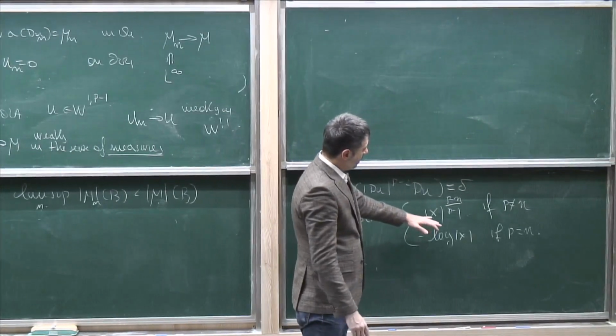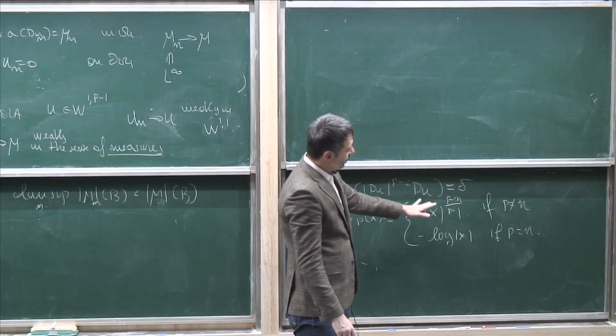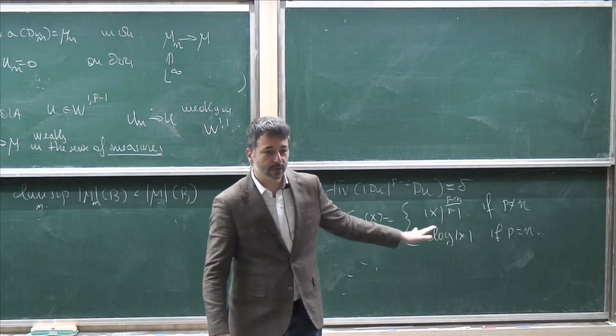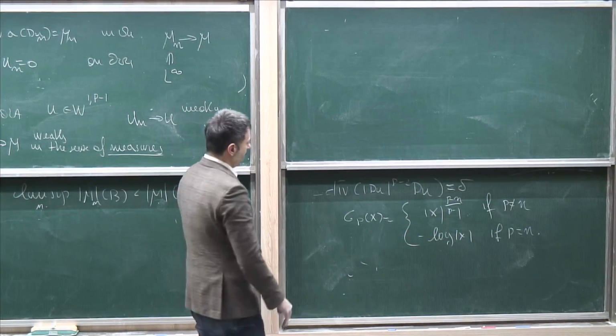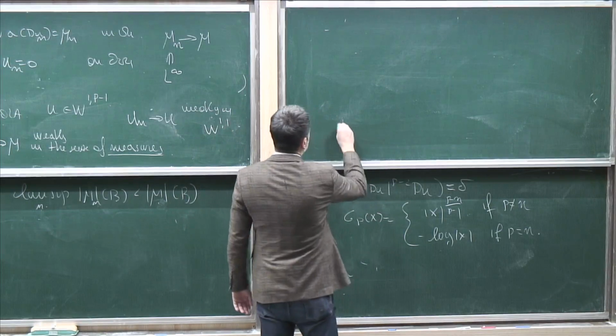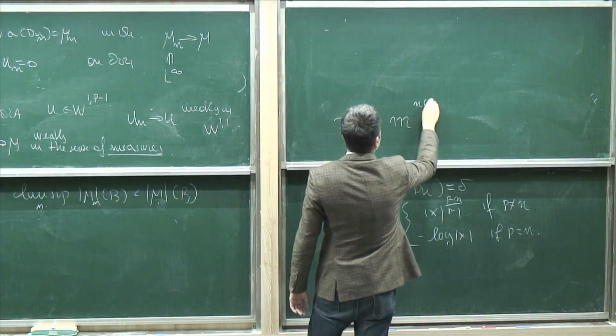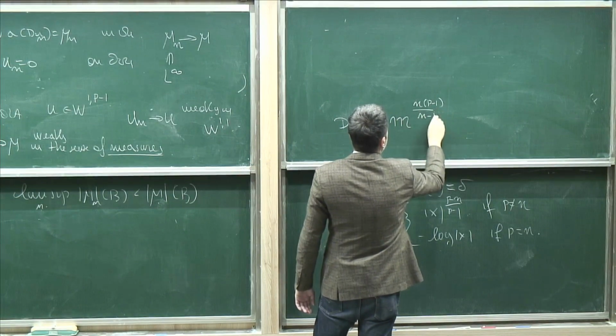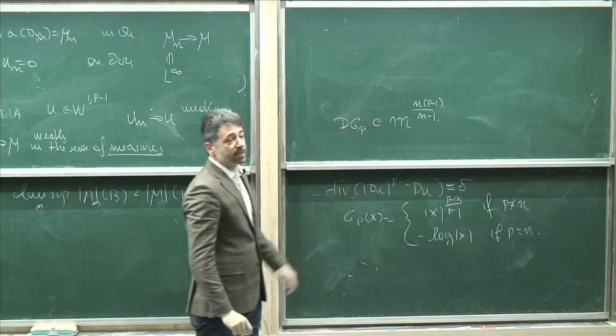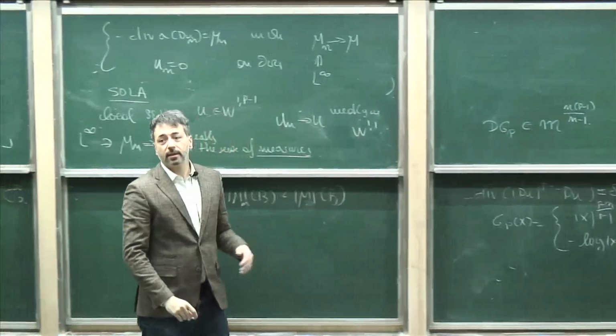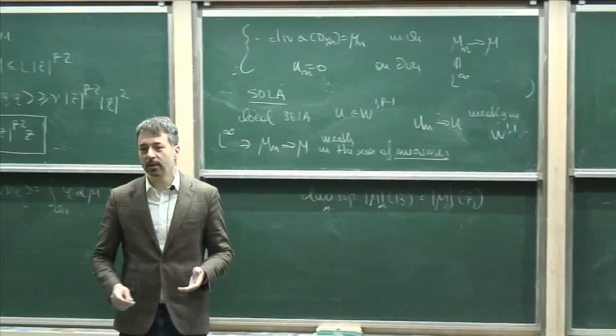In fact, if you want to test your regularity results, then you should look at the integrability of these. It is very easy to see that the gradient of this solution belongs to Marcinkiewicz space M^{n(p-1)/(n-1)}. So these are the right spaces to understand the sharp integrability of measure data problems.